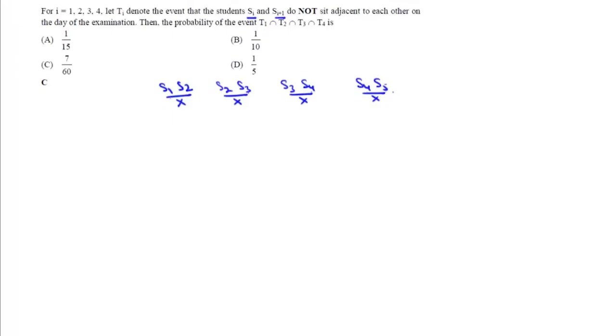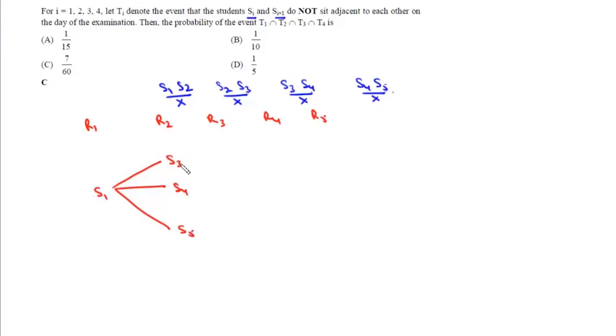Now here we have to consider certain cases. Case 1 is when S1 sits at R1. Now we have to choose possible combinations for the remaining chairs R2, R3, R4 and R5. Since S1 cannot be adjacent to S2, R2 can be filled by either S3, S4 or S5.